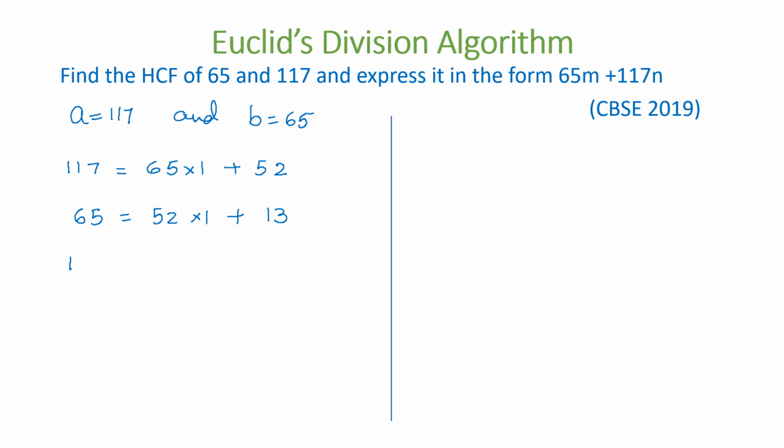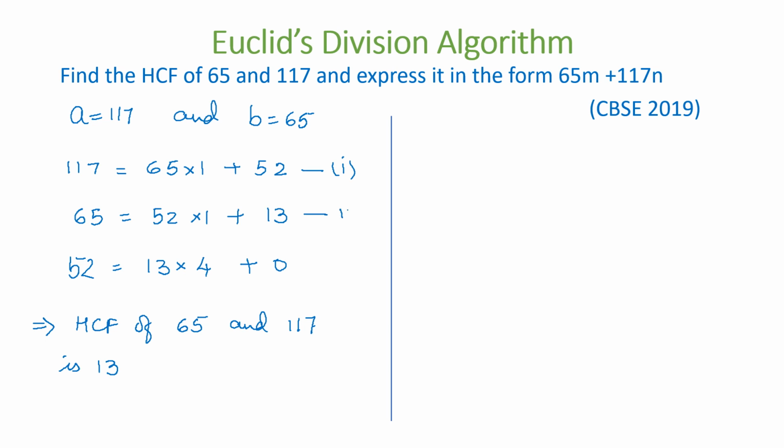And then we get 52 is equal to 13 into 4 plus 0, which implies we will be able to write that HCF of 65 and 117 is 13. Now we have to write 13 in the form of 65m plus 117n. So I will name this as 1 and I'll call this as 2.